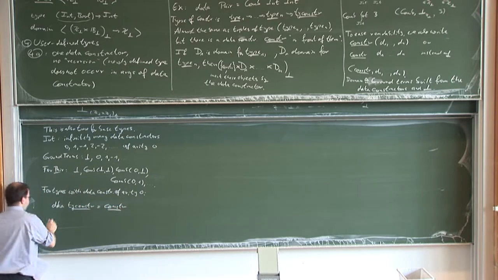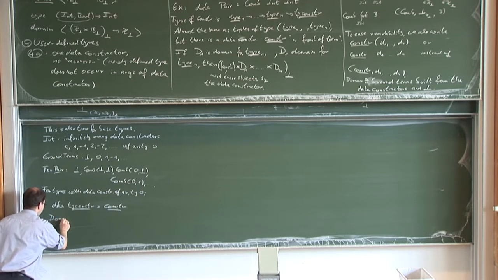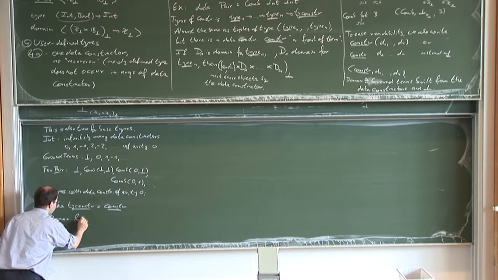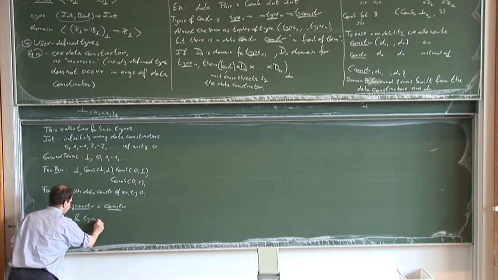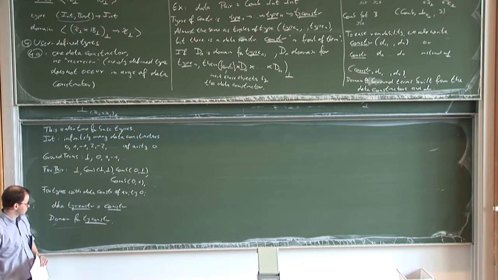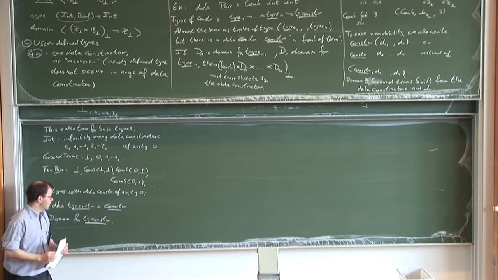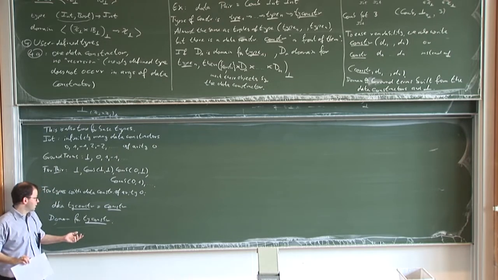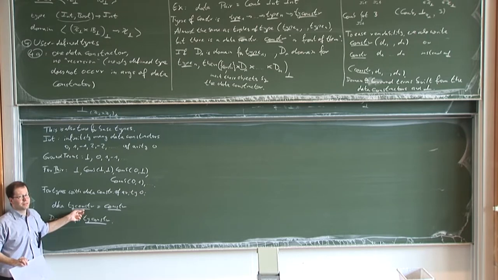So what would be the domain for this new type? How many elements should it have? How many elements of this type can you have?